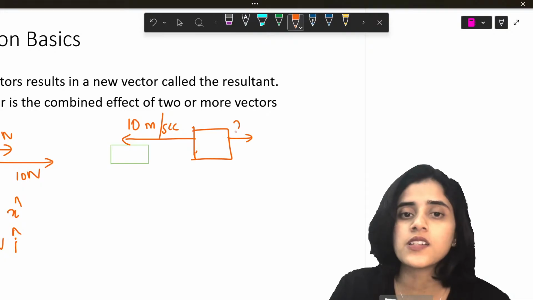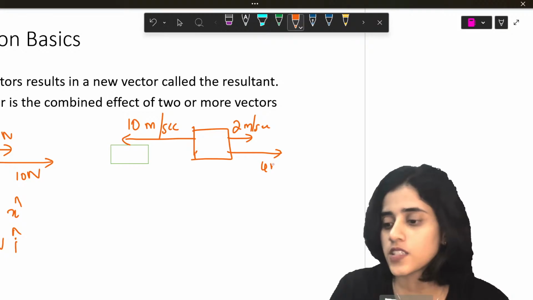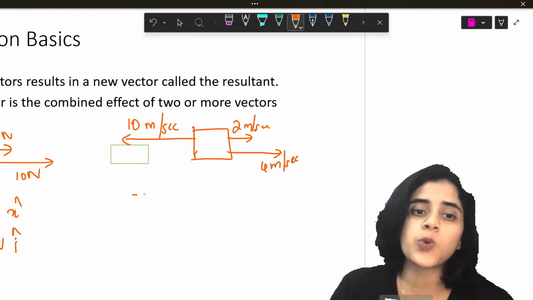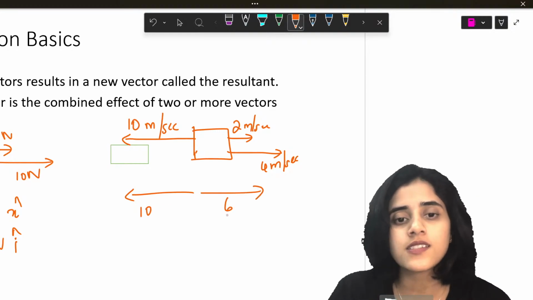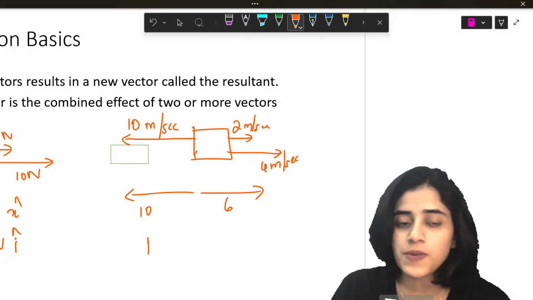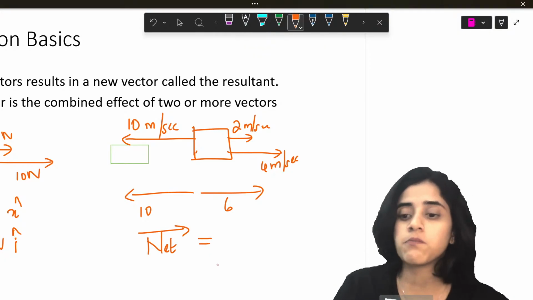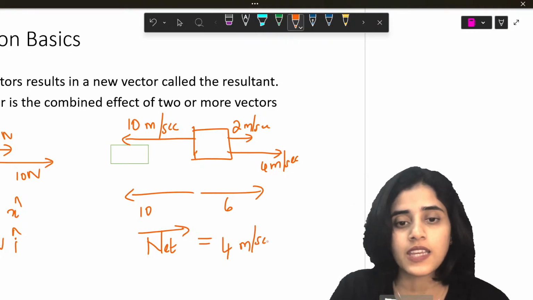Forward speed is 2 meters per second and 4 meters per second. So total backward is 10, forward is 6. What is the net speed? 10 minus 6, which is 4 meters per second.